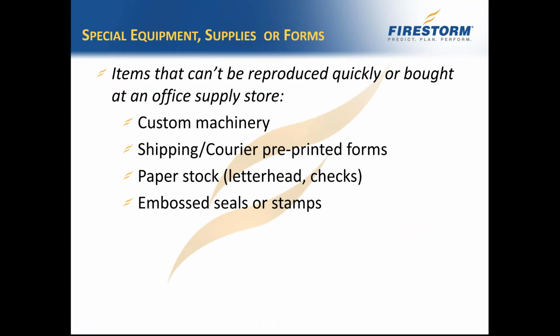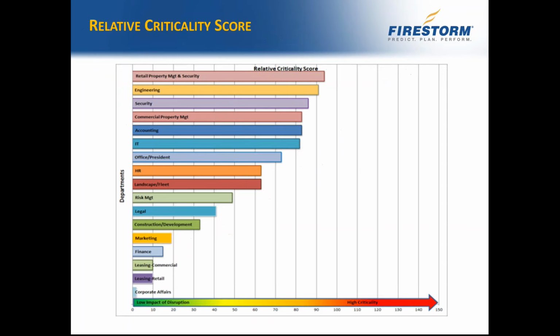Well, that's a very special piece of equipment. If something happened to it, they're not going to be able to snap their fingers and put it back together. It's going to take them some time. Now, by the way, it could be as simple as paper checks.